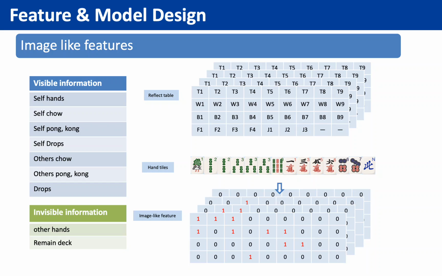And in the encoded features, 1 or 0 in the map means there is the corresponding tile or not. The feature has 4 channels because the number of each tile in Mahjong is 4. So the shape of each image-like feature is 4 multiplied by 9 multiplied by 4. And you can read the reflect details in this example.